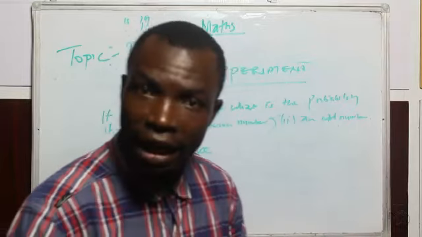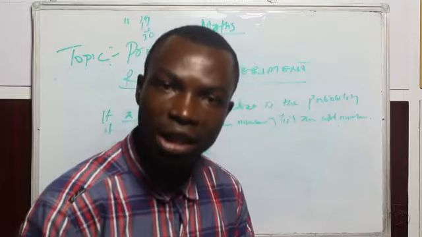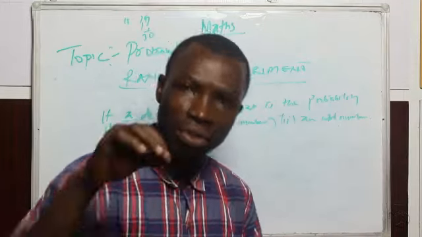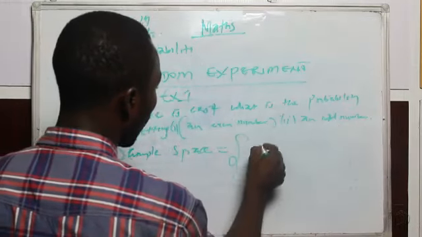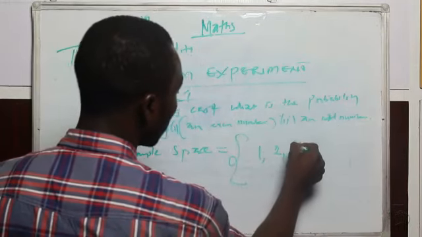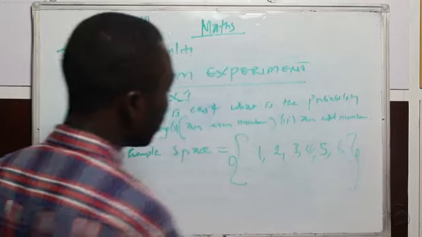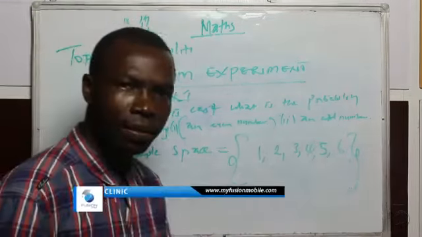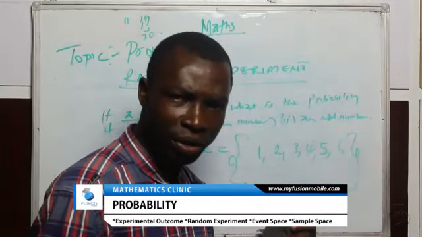If we roll a die, it will show 1, 2, 3, 4, 5, or 6. So the sample space is equal to 1, 2, 3, 4, 5, 6. The possible outcomes that will be produced are these.